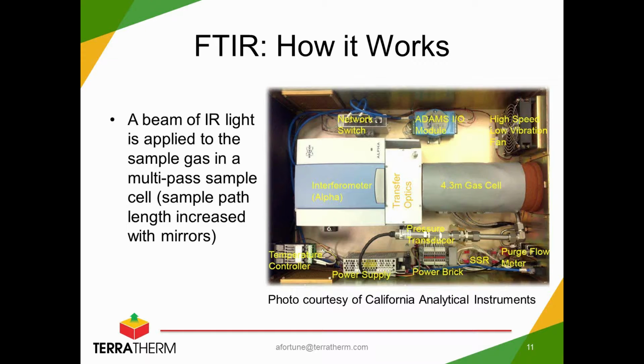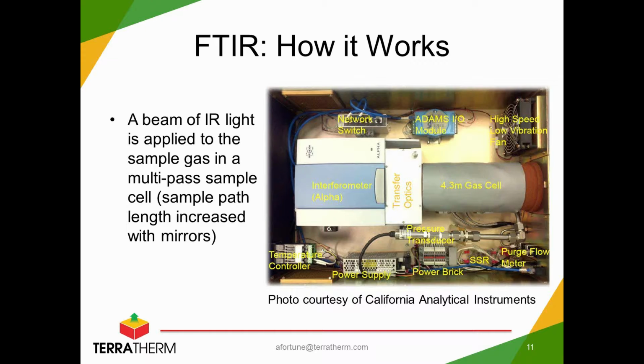That is where the gas from whichever sampling location we're monitoring at the time will flow through the cell. The beam of light is applied. The sample path length is increased in that cell with mirrors. So basically, the light is bouncing back and forth off the mirrors to increase the path length and therefore decrease the detection limit.